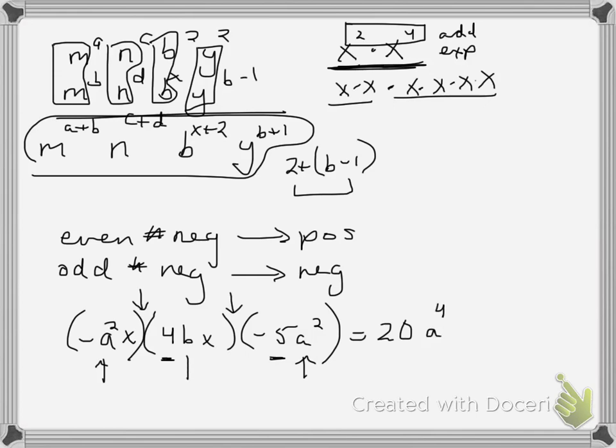Take care of my b's next. I only have that. Take care of my x's next. I've got 1 and 1 more. That would give me, and remember, even though I say 1 and 1 more, I'm really multiplying. It's x times x, so that's x squared. And that's the way we do those kinds of problems.